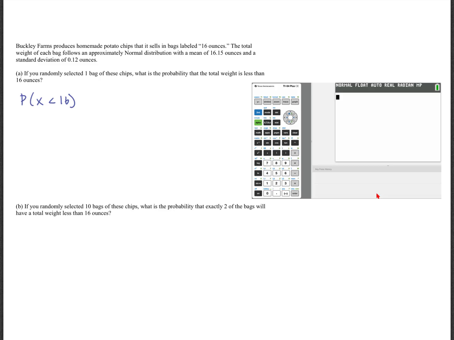Okay, so let's go over to the calculator, do normal CDF, second bars. That's fine for the lower, some super small one. That's 16, and then they gave us the mean and standard deviation, 0.12. Okay.